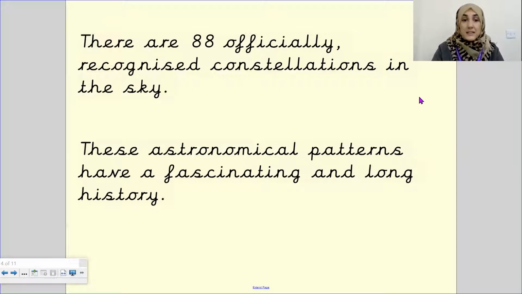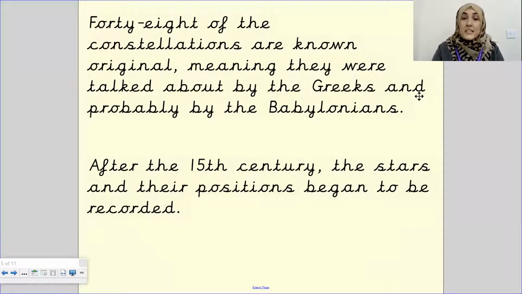The astronomical patterns have a fascinating and long history, which we are going to be diving into in this lesson. 48 of the constellations are known as original, meaning they were talked about by the Greeks and most probably the Babylonians.